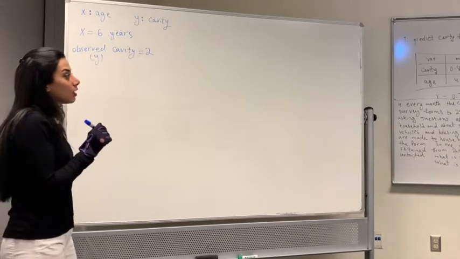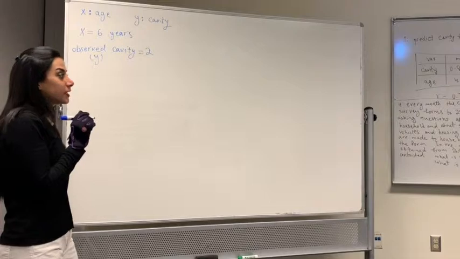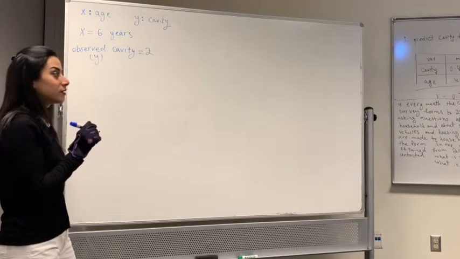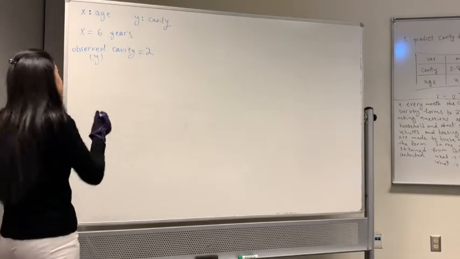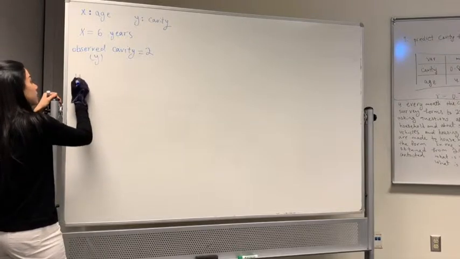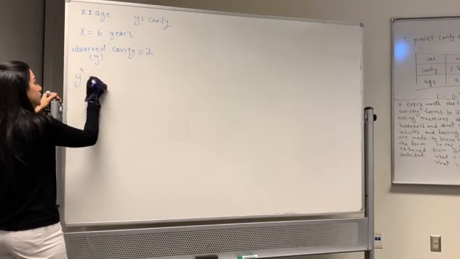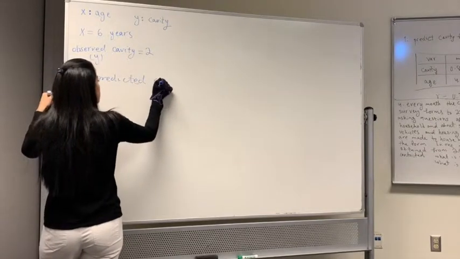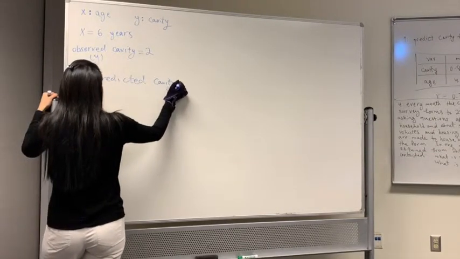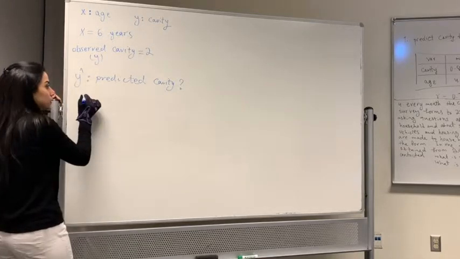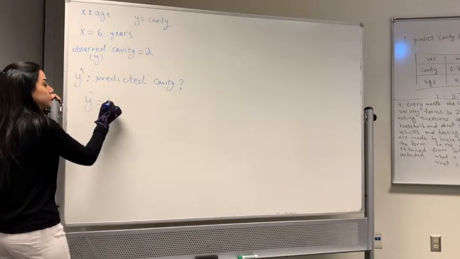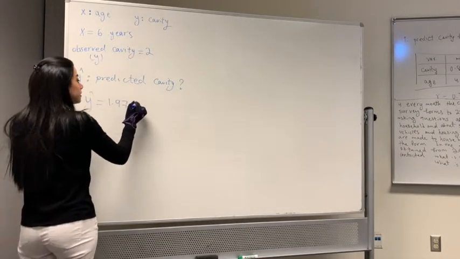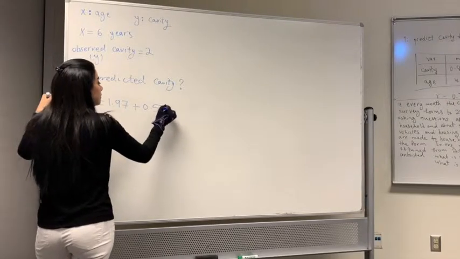So it says, what is the predicted number of cavities for this child? It means we need Y hat, which is the predicted cavity. To find this, we should use the least square regression line.